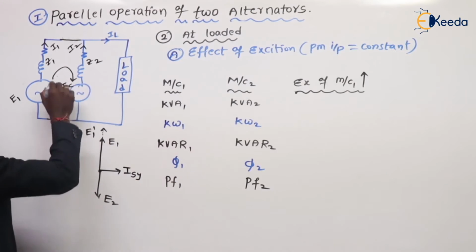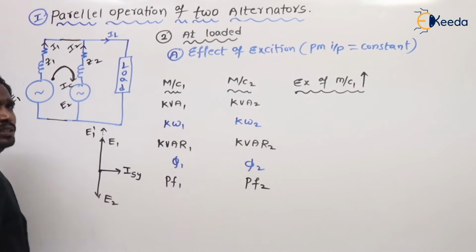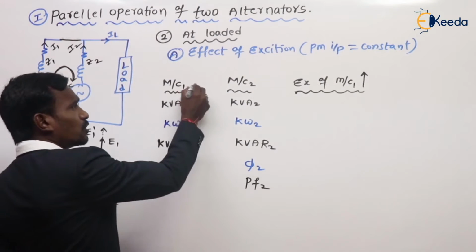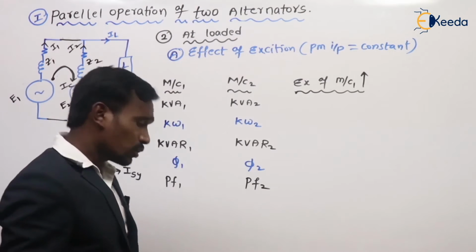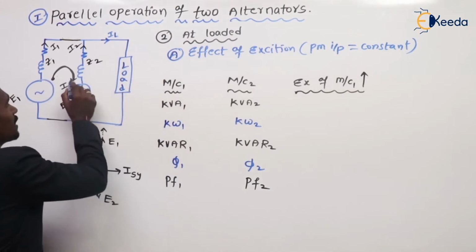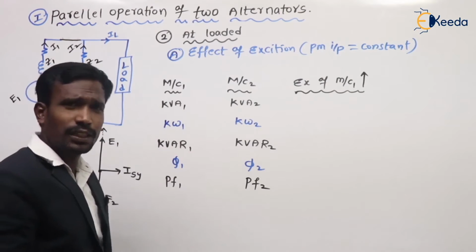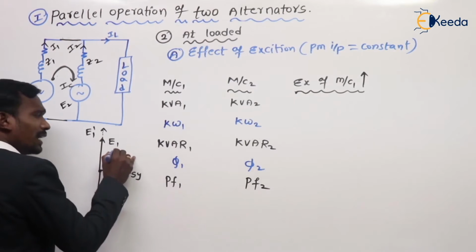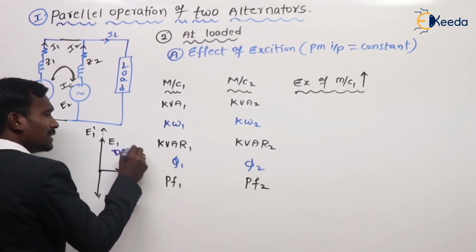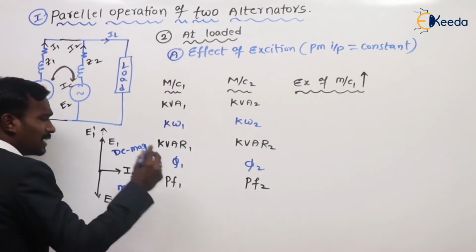I told you already, the circulating current is from first machine to the second machine. So when the circulating current flows from first machine to the second machine, the machine 1 is demagnetized and machine 2 is magnetized.